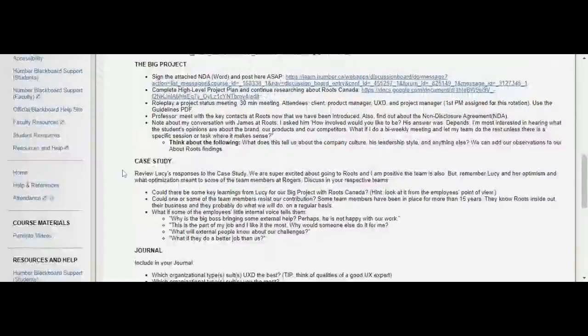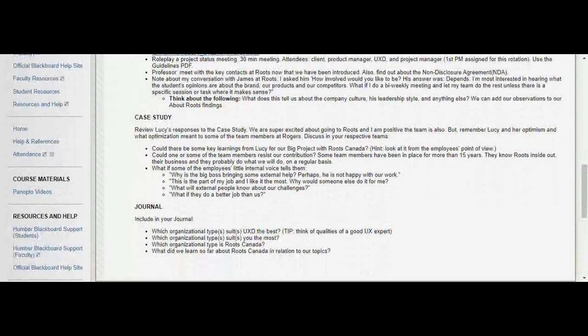Then for the case study, I have some questions that I want you to think about, and you'll be able to read the answers. I've also put in some more questions, hints, areas or things to consider when we look at what happened to Lucy and then us going into Roots, and whether there's anything we can do to help or avoid falling into the same challenges that Lucy had.